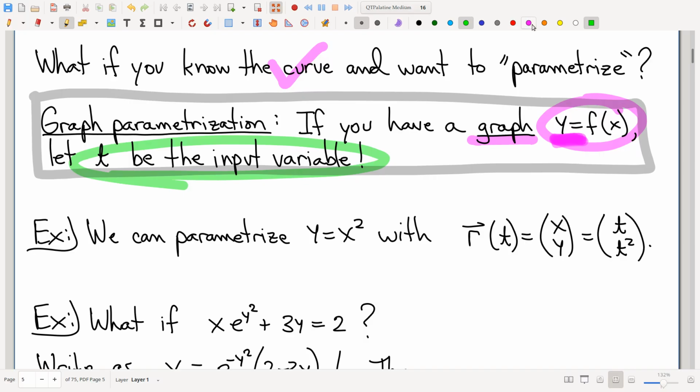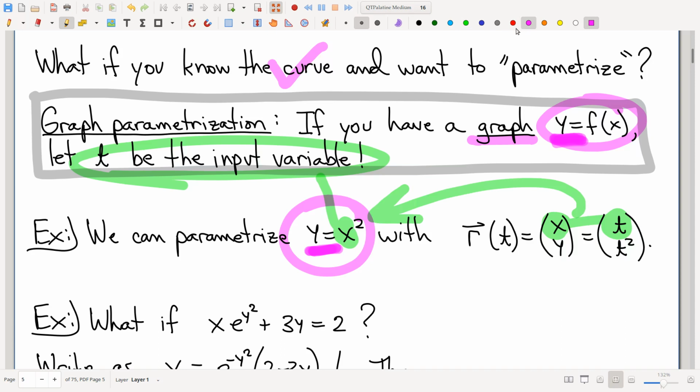This first example, you see we are fortunate enough to have a graph, right? We've solved for y as a function of, well, there's only one other variable, x. So we're going to let t be the input variable. The input variable is x, so I'm going to let x equal t. And here's the thing, if x is equal to t, then it follows that y has to be t squared.